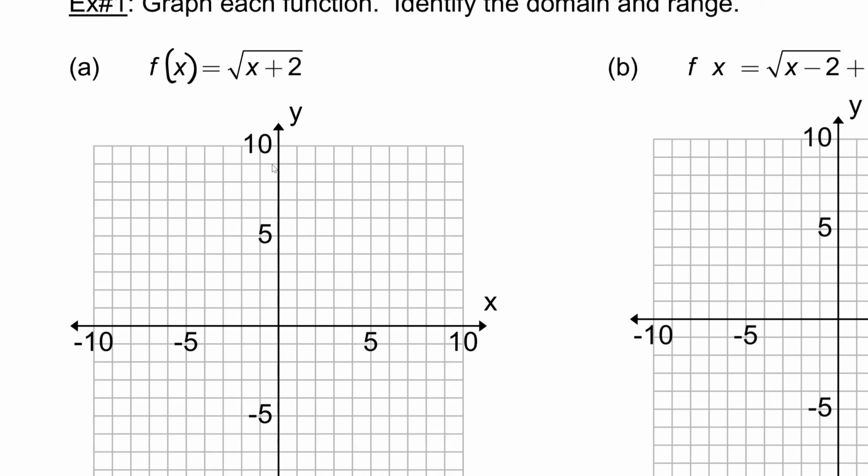How do you know it's to the left? It says plus 2, positive. Inside is opposite. Inside the square root, inside absolute value, inside the square, it's always opposite. So if it's inside the root, it's opposite. So we're going left by 2.